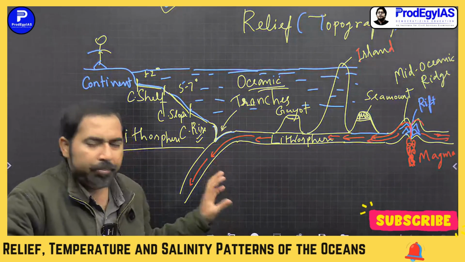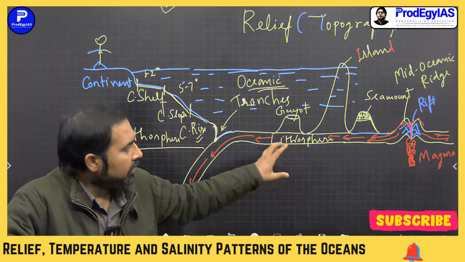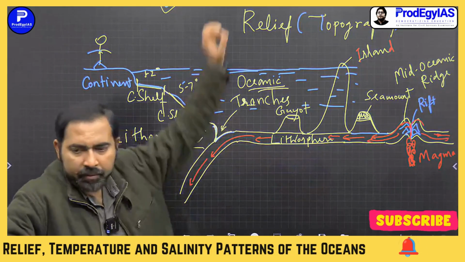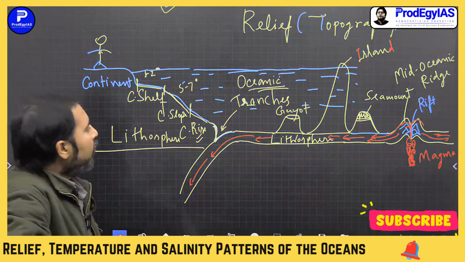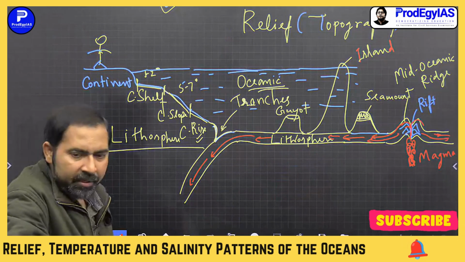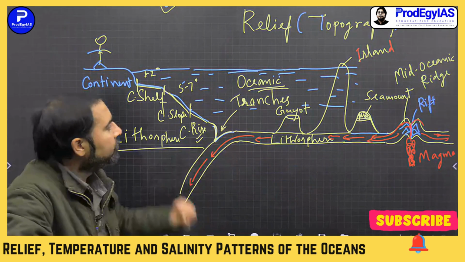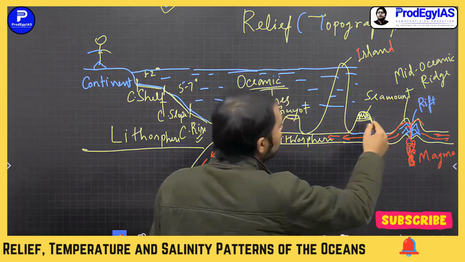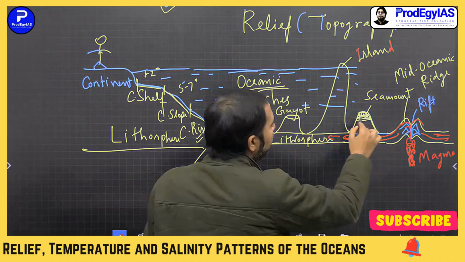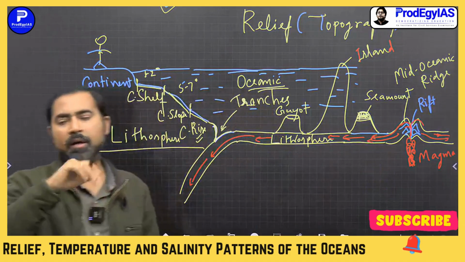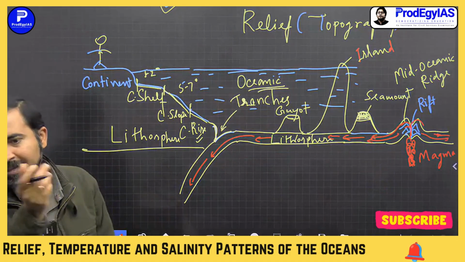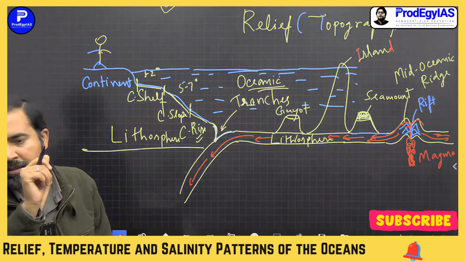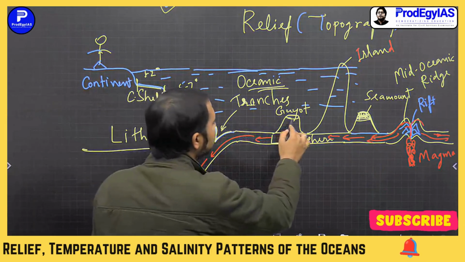Through the same plate tectonics, you can understand how these landforms are formed, and how they can be changed. Like first it was a sea mount, but later its upper part was eroded away through oceanic water activity, exogenic activity, erosion, etc., and it has become a guyot.